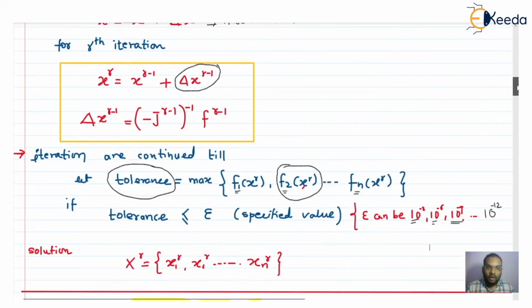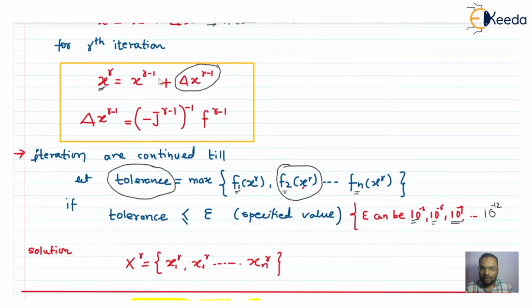Now I hope the things are clear to you. If you didn't get this condition satisfied in the rth iteration, you have to go for one more iteration, or some more iterations. How will you go on from the rth iteration? You have to find the correction in the variable x, because of course we have x^r with us.